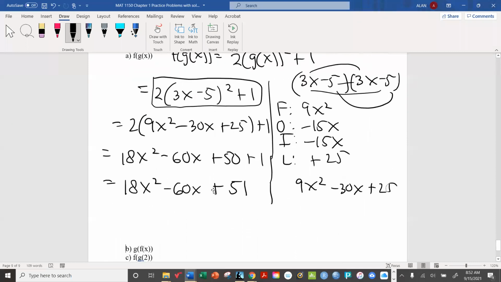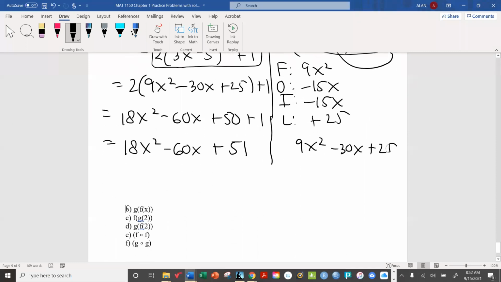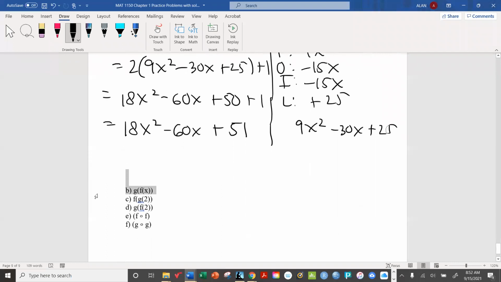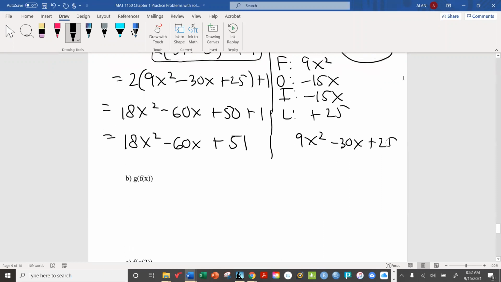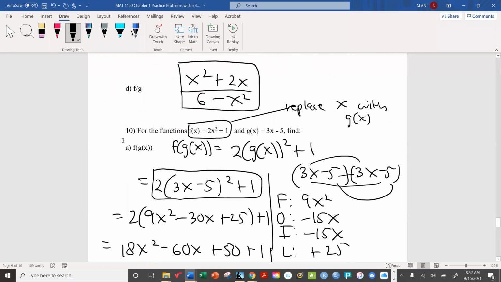Now we have to work it backwards too for this next part, g of f of x. So in this case, let's just remind ourselves what these functions were.